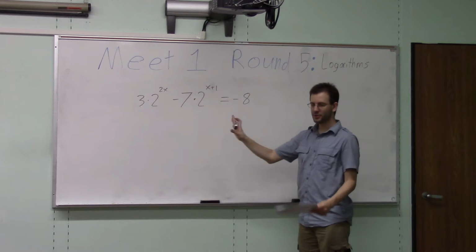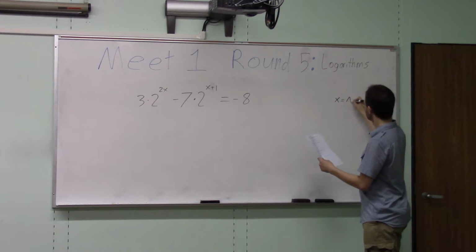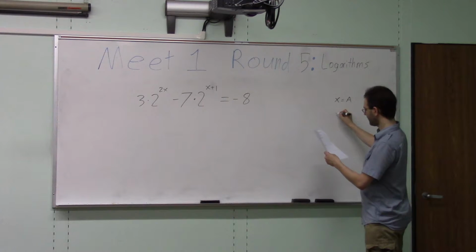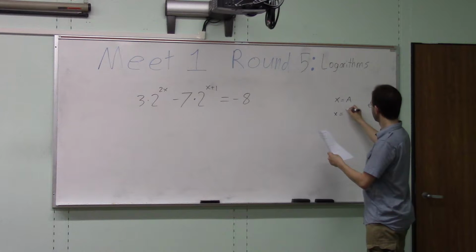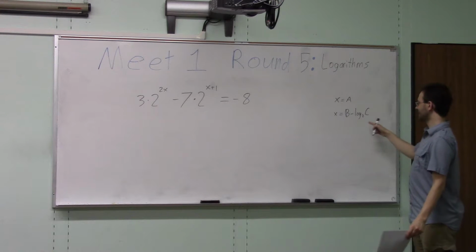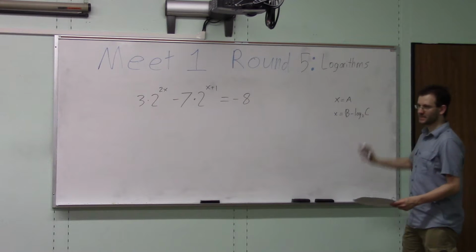They say the solutions to this equation are a number a and a different number b minus log base 2 of c. And they say, figure out what a times b times c is.